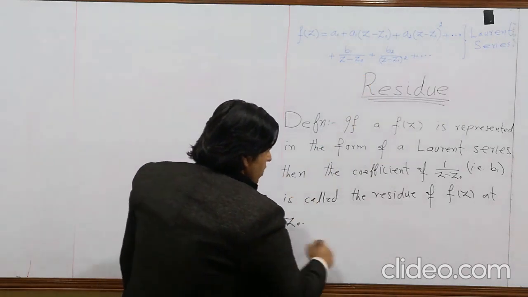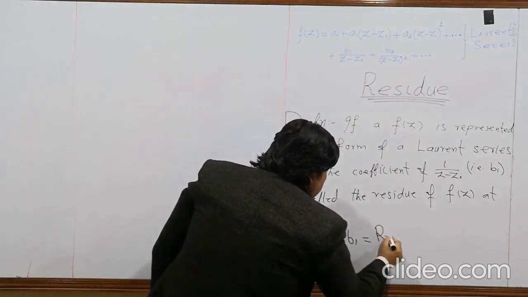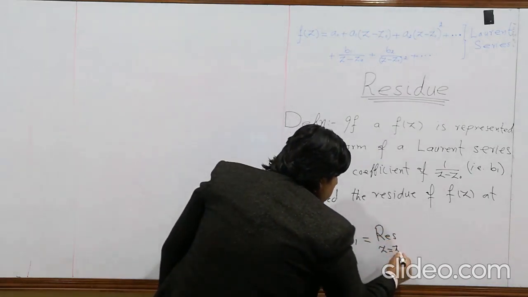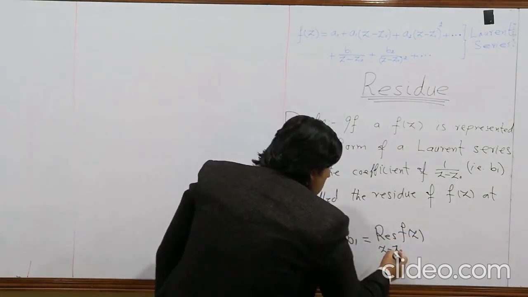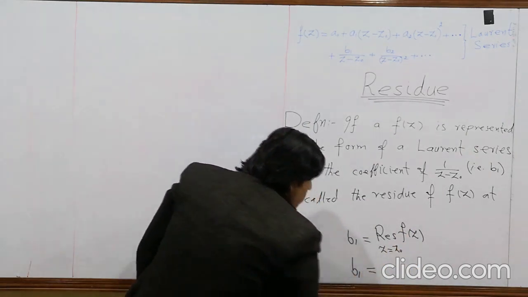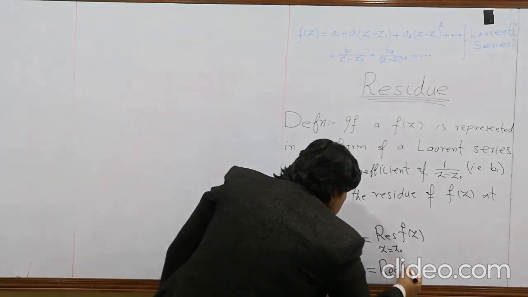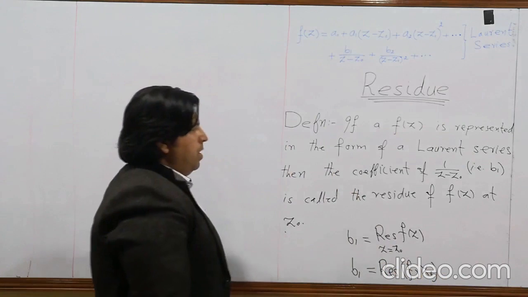It is denoted by B1 is equal to the residue at the point z is equal to z naught of the function f of z, or sometimes we denote this as the residue of the function f comma z naught.